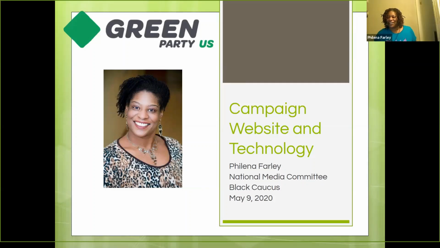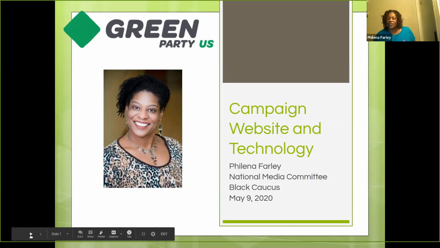All right. So I'm Felina Farley. I'm the Ohio Green Party treasurer and webmaster, and I'm also on the National Media Committee and Black Caucus. And I'm about to go over the next module of campaign website and technology.